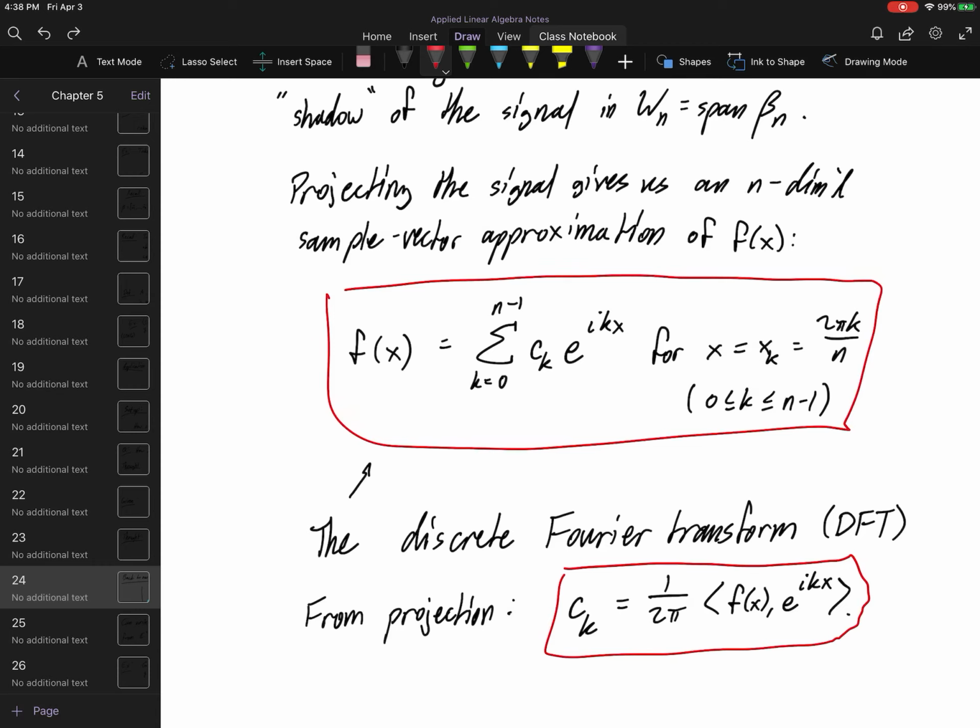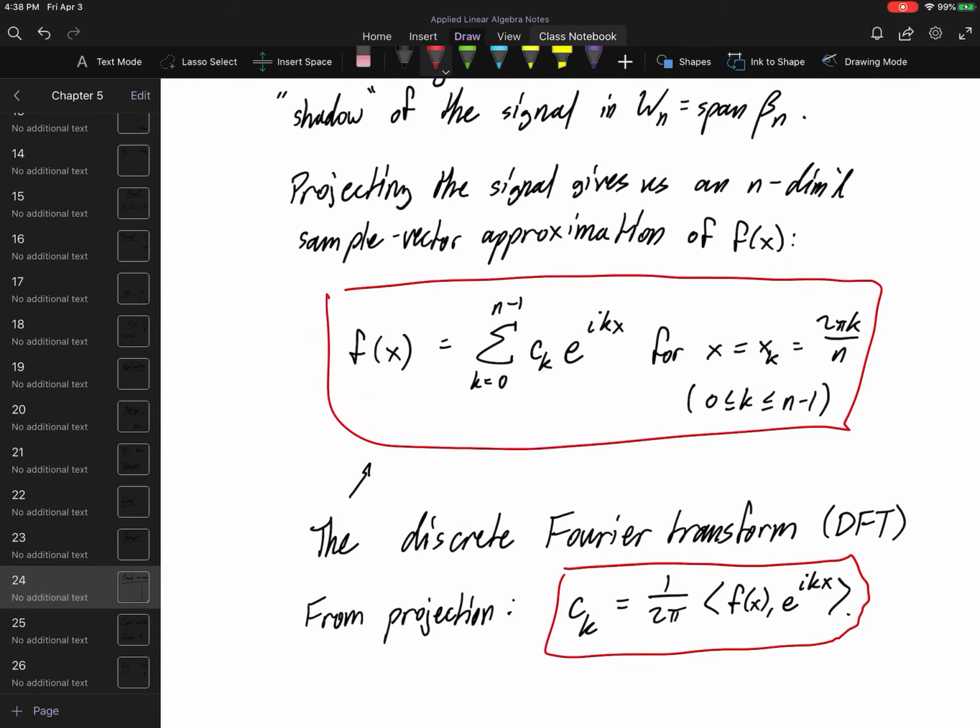So our eventual idea is to project the electrical signal as an n-dimensional sample vector approximation of f. This means that our sample function f is exactly equal to some linear combination of e to the ikx, where k goes from 0 to n minus 1, because if I go to n, I will start to repeat.